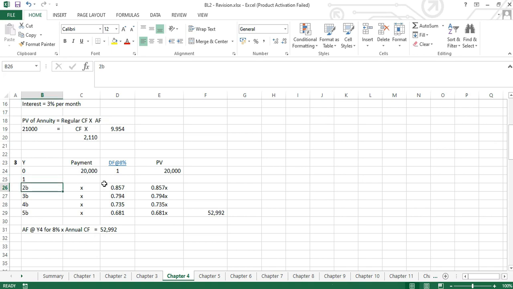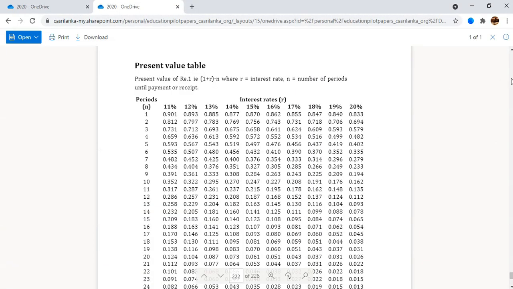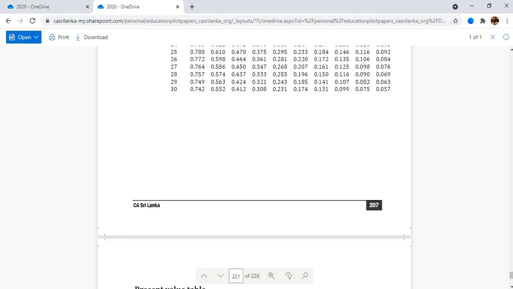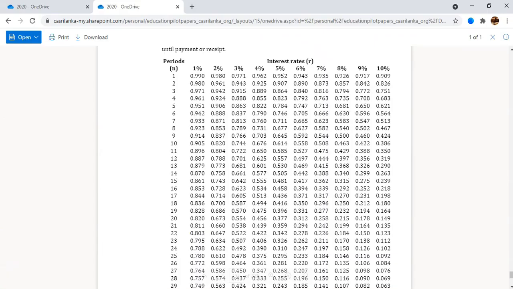So what we actually need to do is, the discount rates used must be 0.926, which is actually year 1. We could name it end of year 1, and this is year 2's end, and this is year 3's end, and this is year 4's end, because the present value table shows the year-end figures.